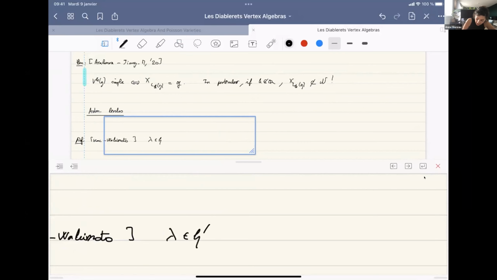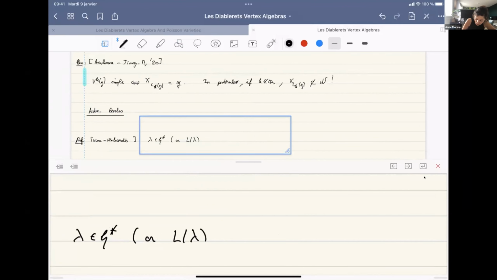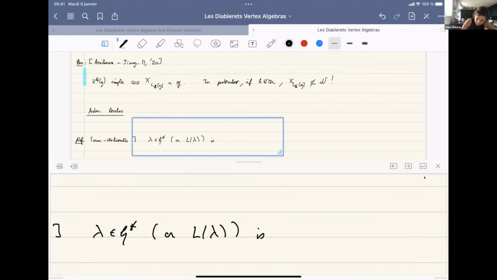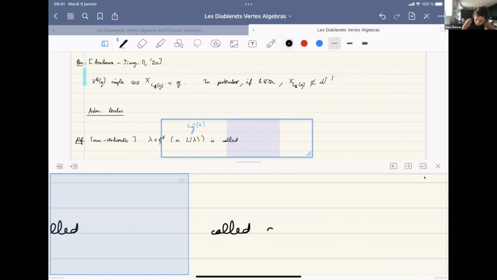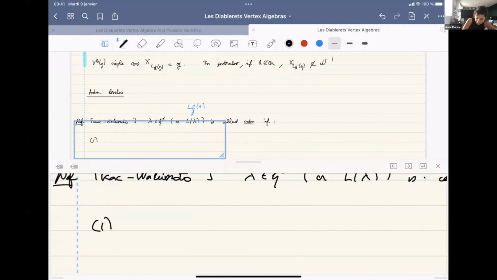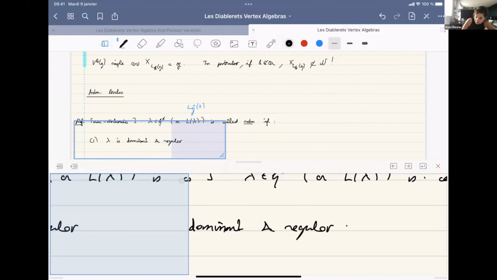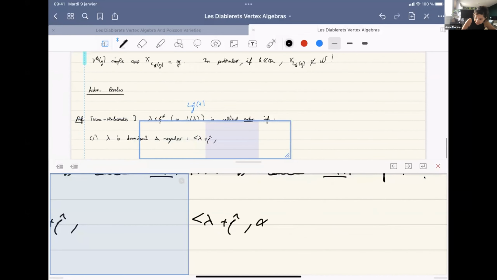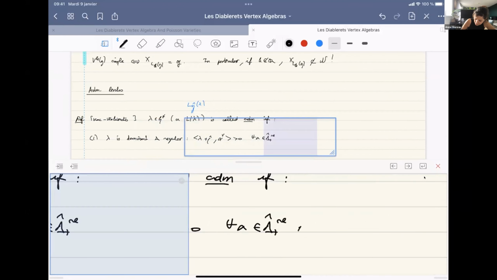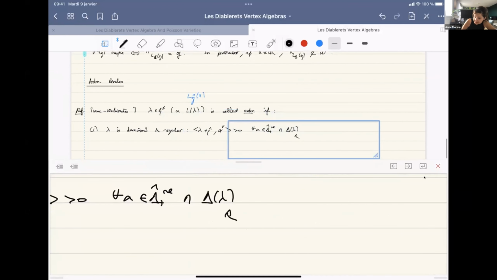So, okay, I consider any weight for the moment, and we say that this weight, or equivalently the corresponding highest weight representation of G hat, so this is my notation for the highest weight representation of G hat, is called admissible if we have the following conditions satisfied. So the first condition is that lambda is dominant and regular. So we have something like that. Okay, so this is the integral lattice of lambda.